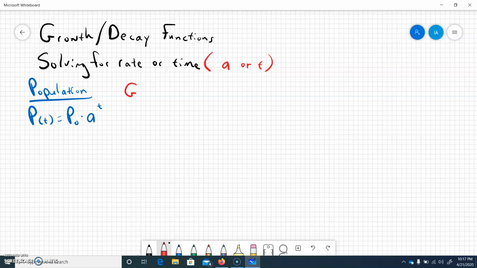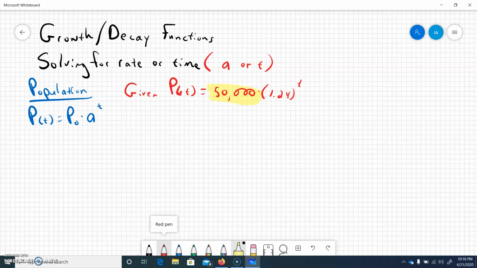We'll say given an actual function, which will be P of t equals 50,000 times 1.24 to the t. So we've got an initial population of 50,000, and we've got a function that calculates future population in years.